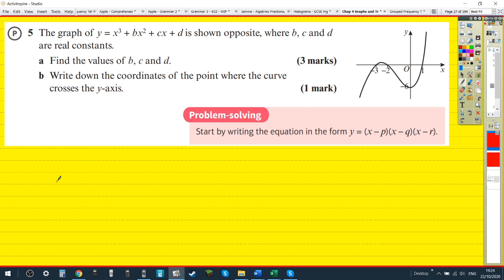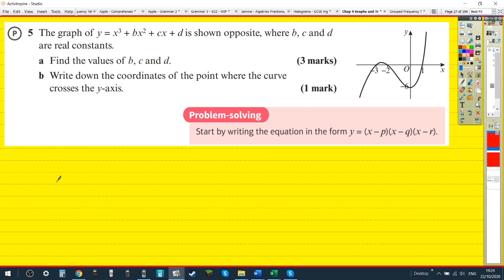They told us it was x cubed anyway. We need to find B, C, and D. So we know that 1 is the x cubed on the graph, so we don't need that one. So x cubed add b, and then would x squared be minus 2?